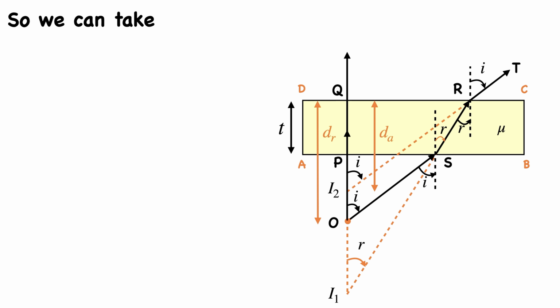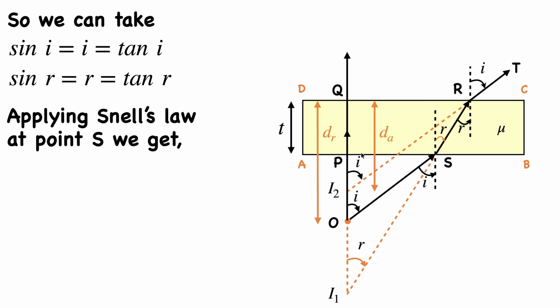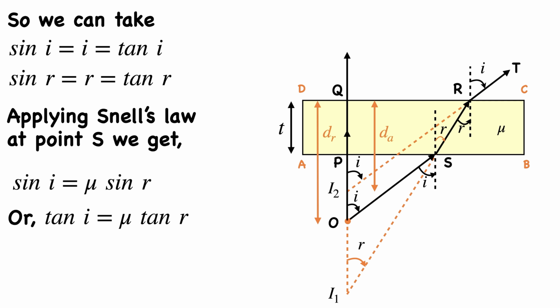So when angle I and R are very small, we can write sin I equal to I equal to tan I, and sin R equal to R equal to tan R. Applying Snell's law at point S, we get sin I equals mu sin R, or tan I equals mu tan R, since we can write sin I equal to tan I when I is very small.